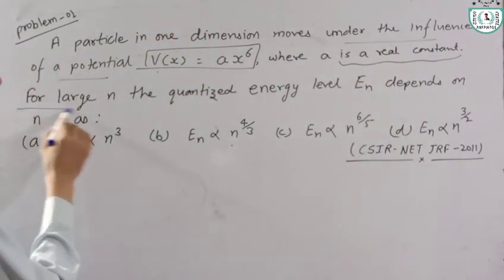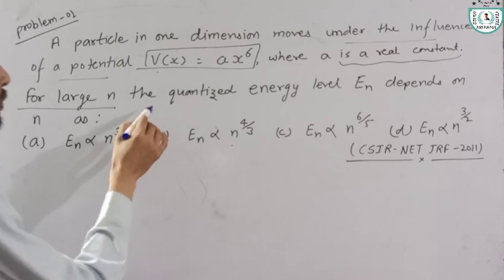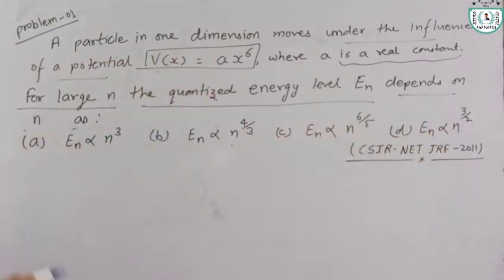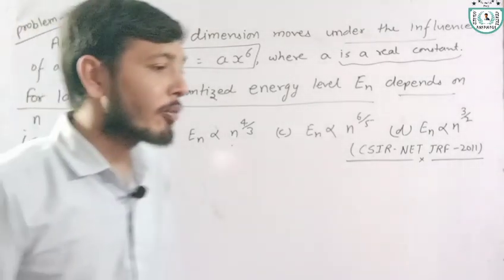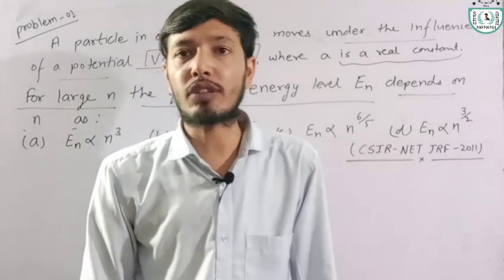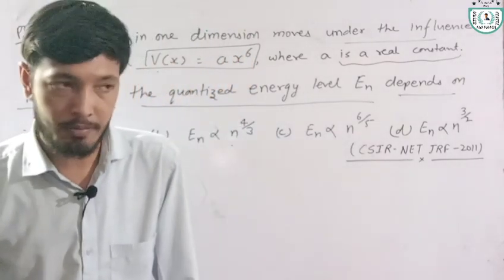For large values of n, the quantized energy level En depends on n as? We have calculated the dependency of En on n.